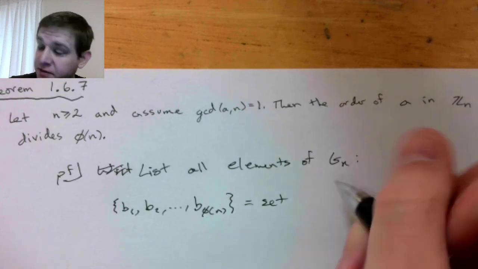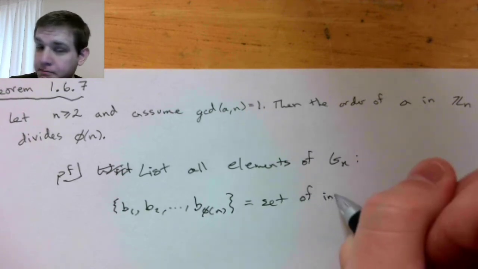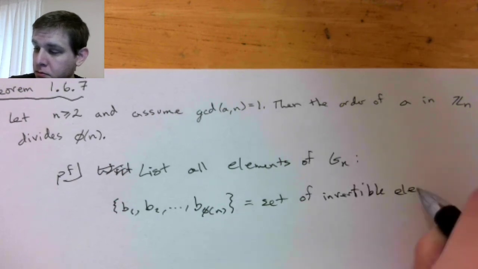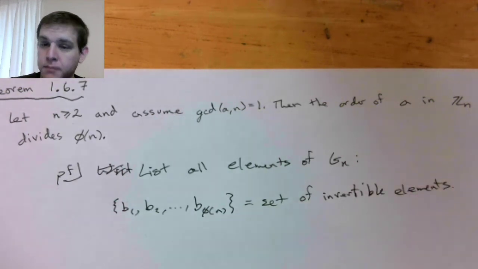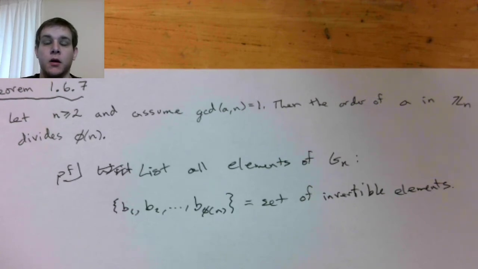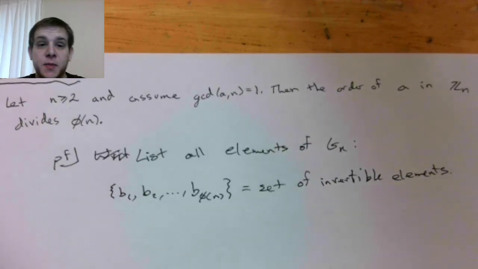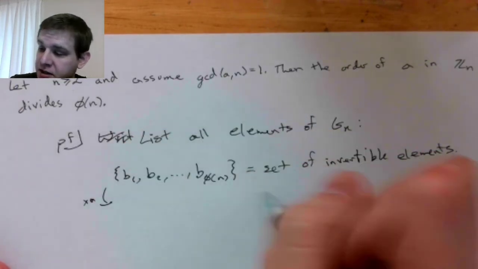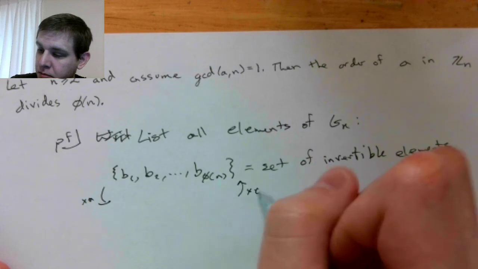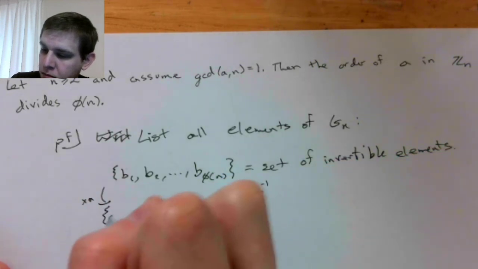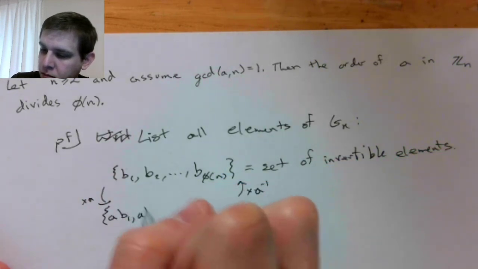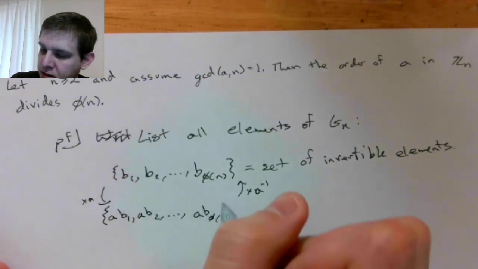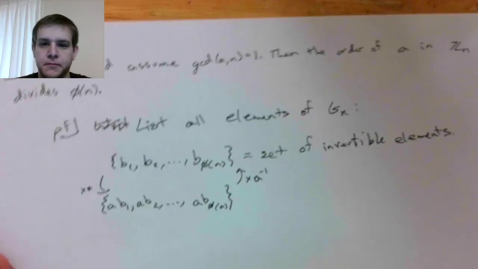And Gn was defined to be the set of invertible elements. Well, just like before, when I multiply these elements by a, I get the same thing. So multiplication by a is a bijection. This is just going to be the same set of elements listed in a different order.